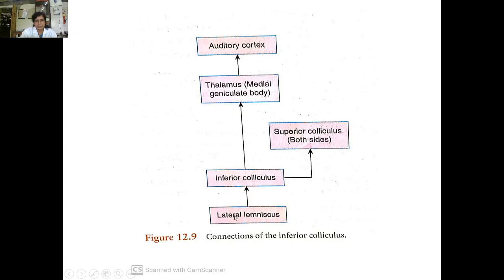It mainly receives afferents from the lateral lemniscus, and fibers arising from it are carried to the thalamus, that is the medial geniculate body, through the brachium of the inferior colliculus. Then some efferents go to the superior colliculus.